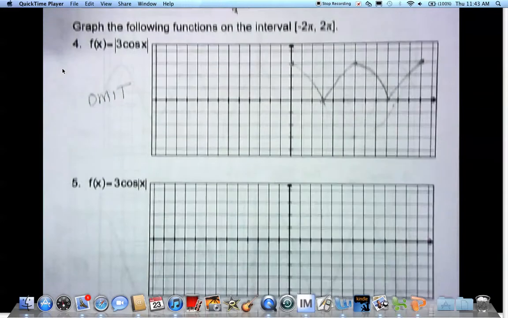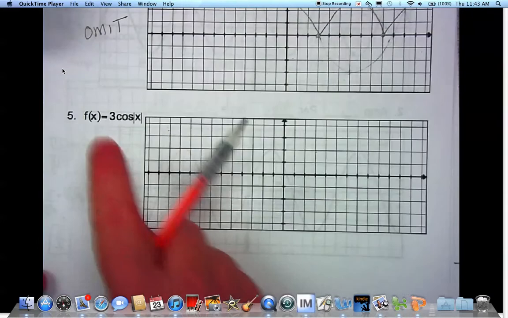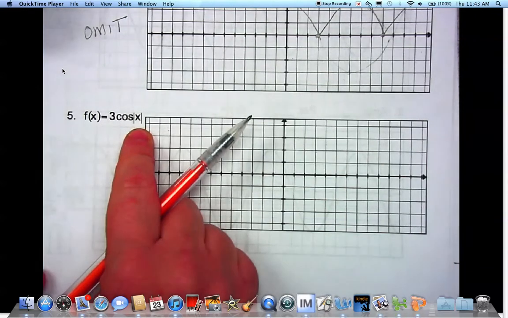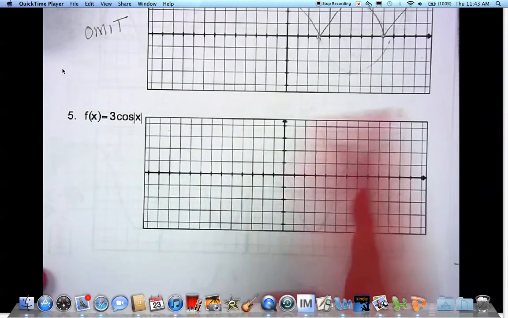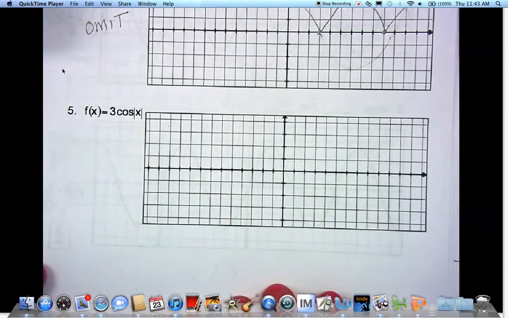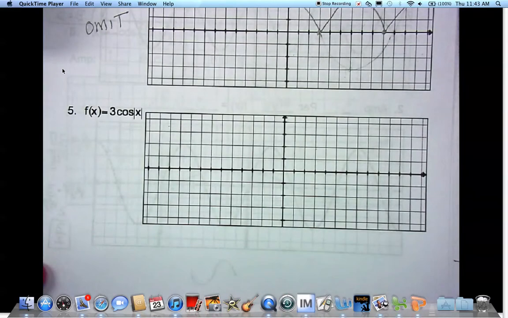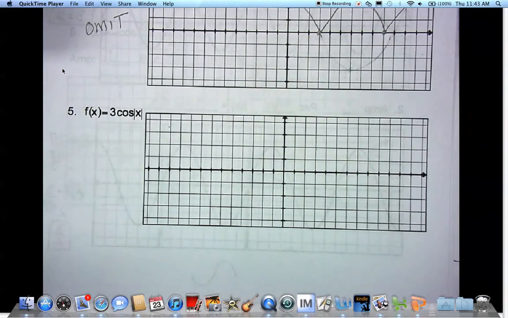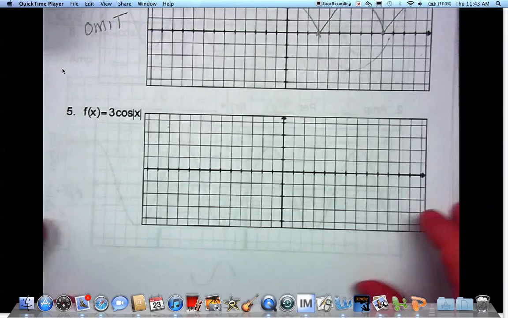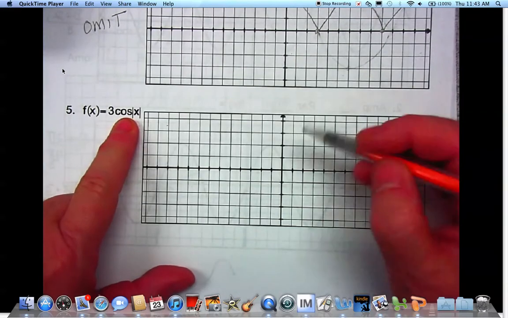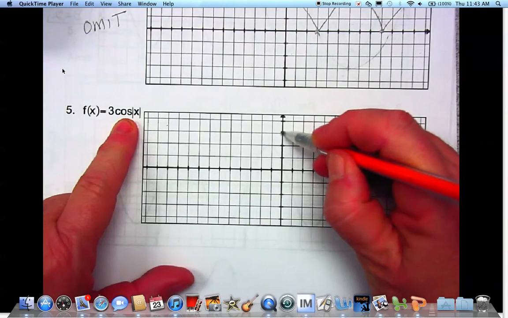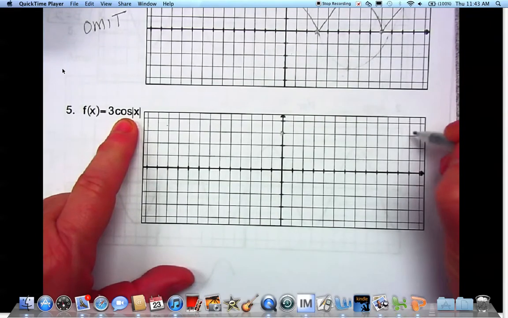Easy enough. What does the absolute value do down here? Do you remember? It reflects the right side over to the left, gets rid of the left side, and makes it an even function. Is cosine even anyway? Yeah. So it's not going to really change a whole lot. You would graph this just like we did a while ago.